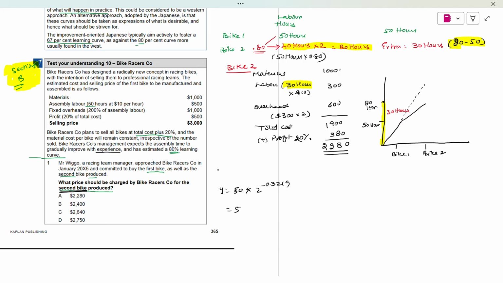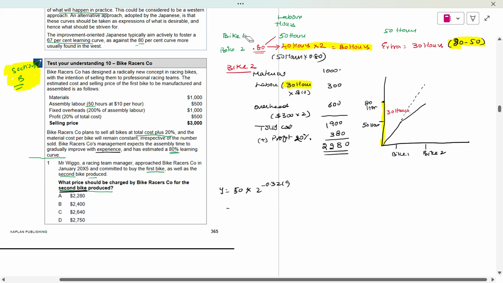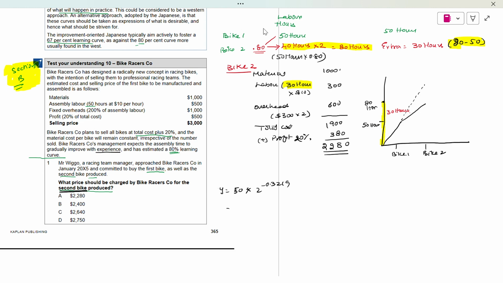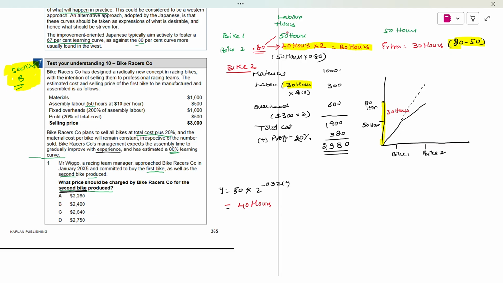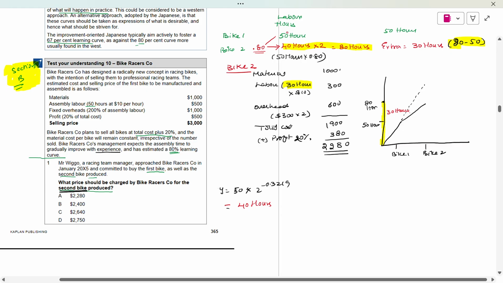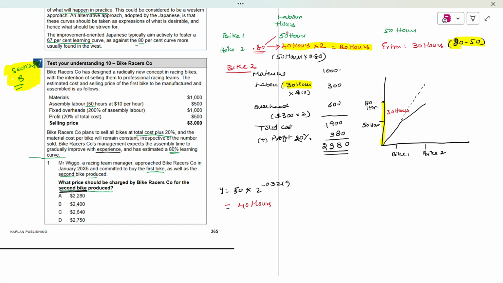It comes to how much? 40 hours. Yes, 40 hours. 40 into 2. Here the problem comes here.